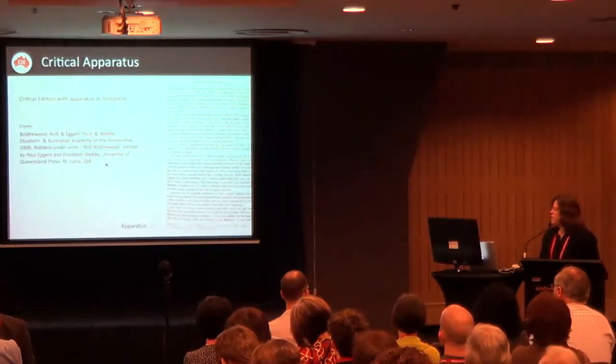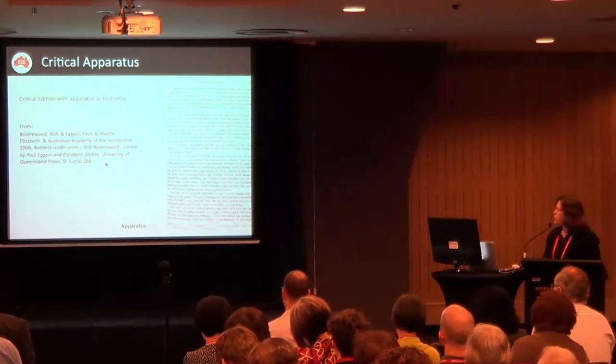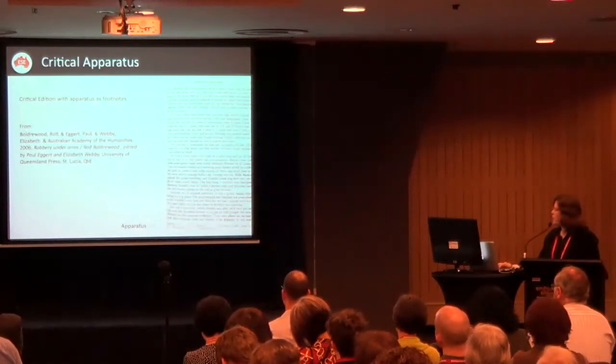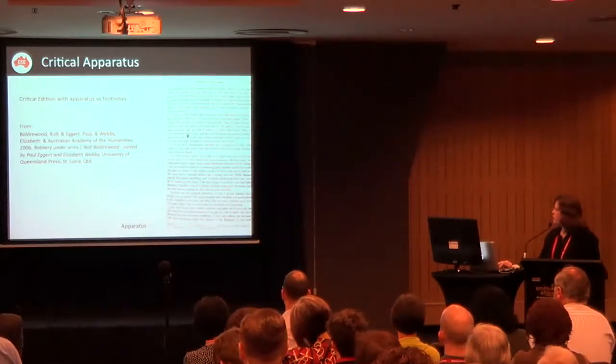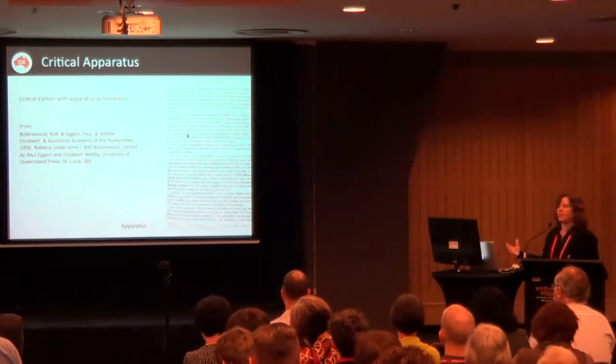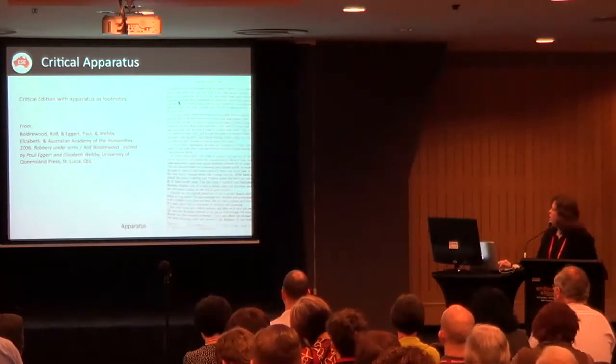As I said, traditionally this collation process was used to produce a critical apparatus, and this is an example of a critical apparatus. We have here a page from Rubbery Underarms, which was a scholarly edition produced by Paul Eggert, who's leading our project. This is the text of the edited version.